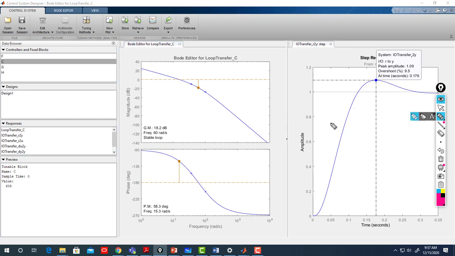And remember, we always try to connect frequency domain to time domain, just for your own reference. So 9.5 overshoot corresponds to a phase margin of 58. So this phase margin reflects the overshoot. Bigger phase margin, less overshoot. Okay, so that's step 1, which we did.